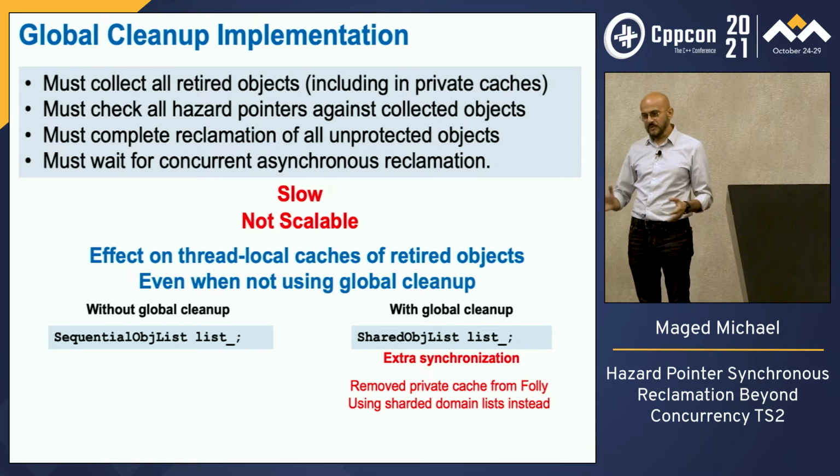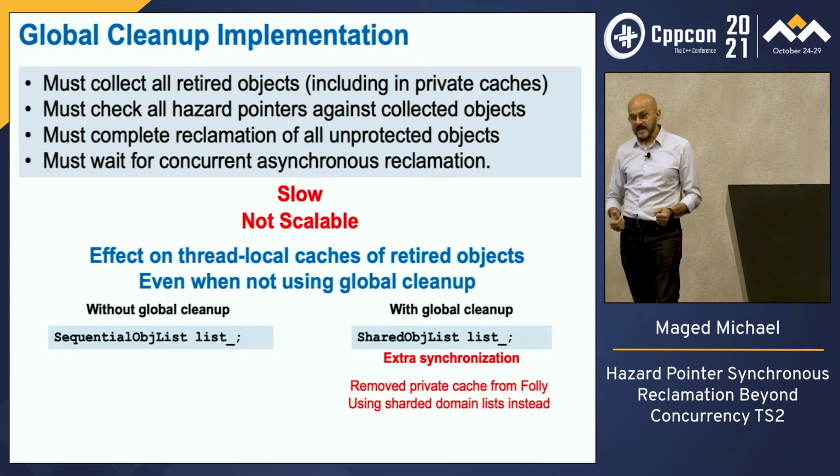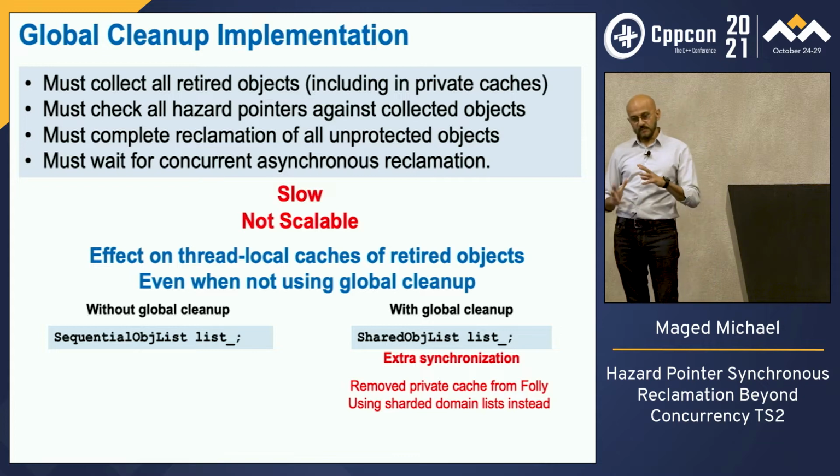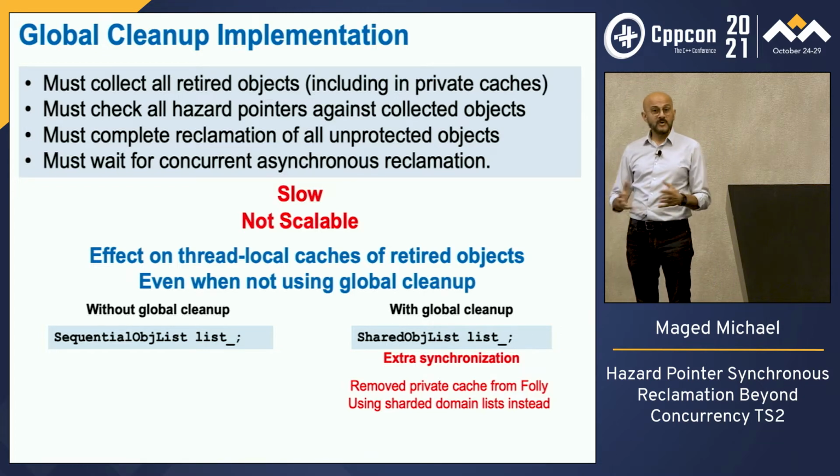It checks all hazard pointers, as usual. And it has to complete the reclamation of all unprotected objects before returning. And even more complicated, it has to wait for any concurrent asynchronous reclamation, because some other thread may be doing asynchronous reclamation, and we don't know how long or how fast it will take.